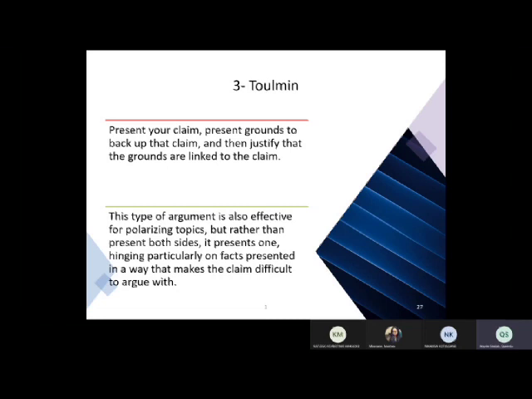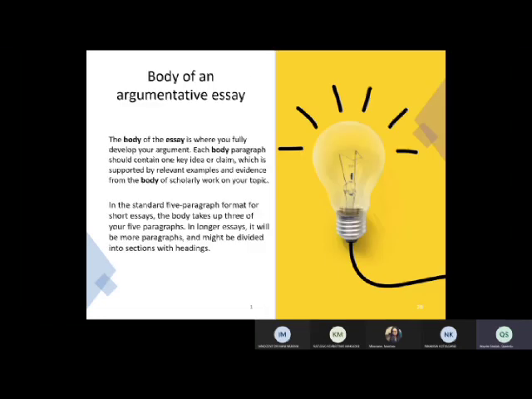But again, I believe presenting the opposite side is even better. However, sometimes the lecturers might give you an indication as to how they want you to address the argumentative essay. Okay, so please make note: argumentative essay, persuasion, refutation, right? Rogerian, so that when I send the presentation to you, you know what to focus on.